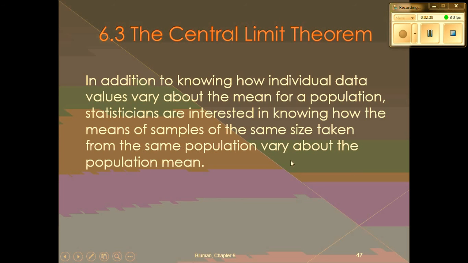So what we're talking about is, if one of you asks 10 students a question and another one of you asks a different 10 students the same question, and another person asks 10 more students the same question, how much different are those answers going to be? Like, how much can we expect those answers to vary? And that's what the central limit theorem is based on.